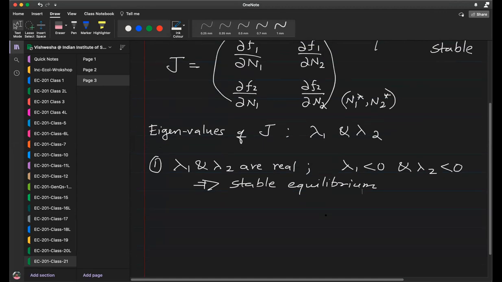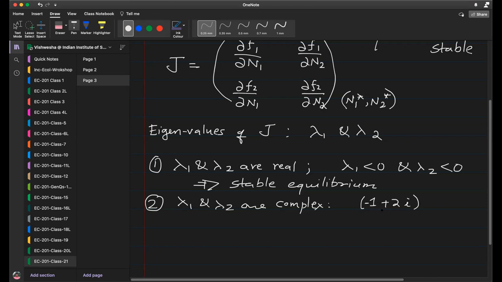I think I mentioned this last time. Now, a second possibility is that lambda 1 and lambda 2 are not real, they are complex, which means they have a form like minus 1 plus 2i, for example.